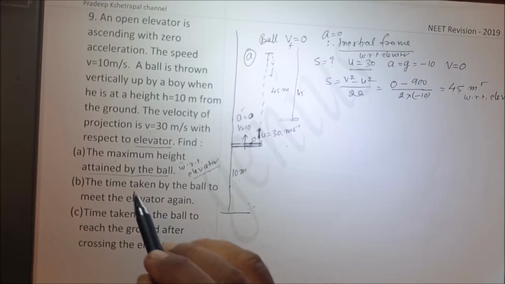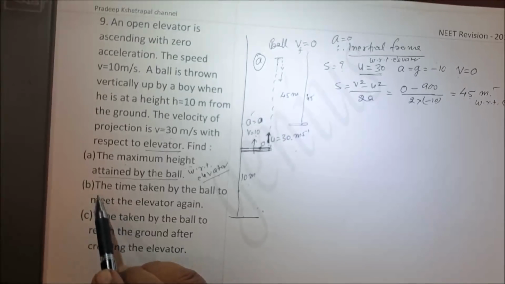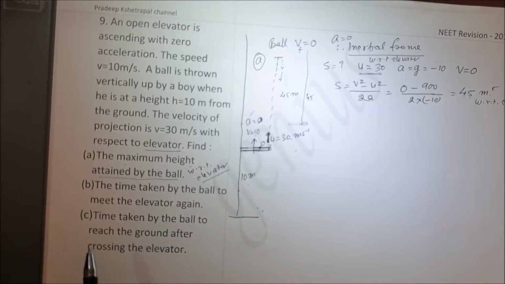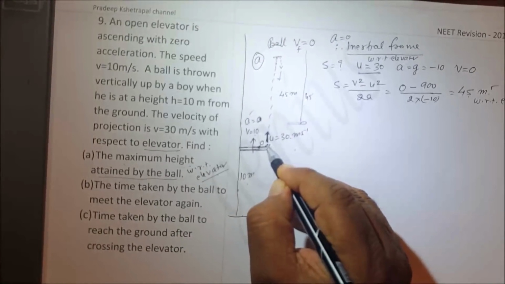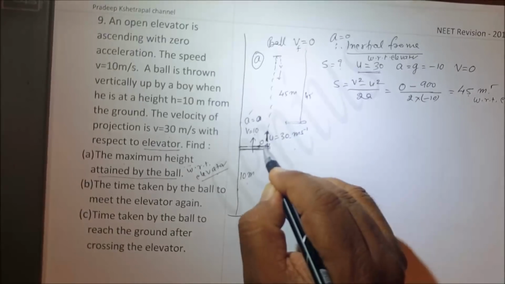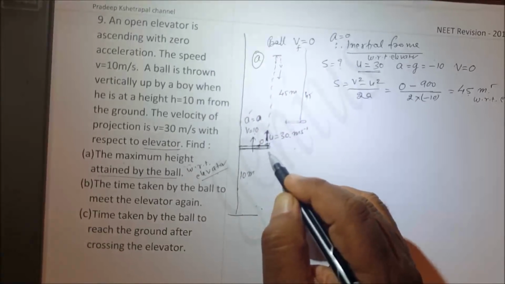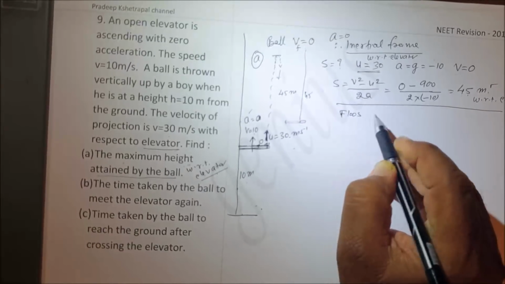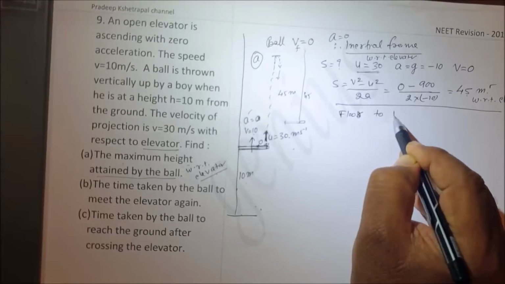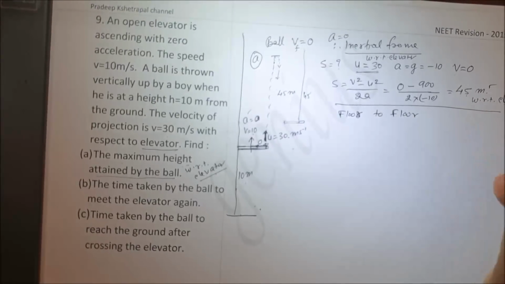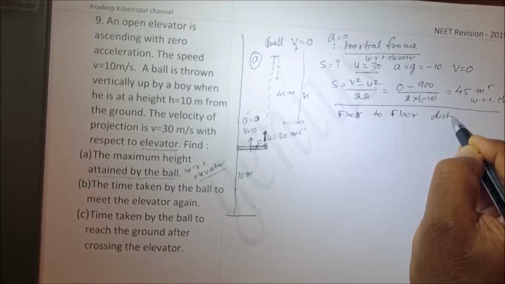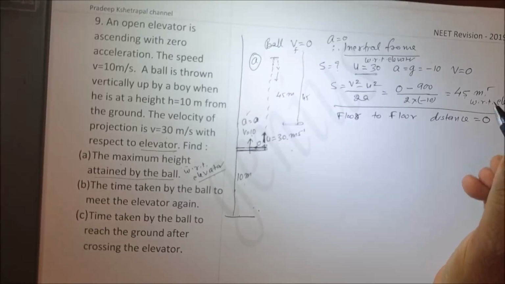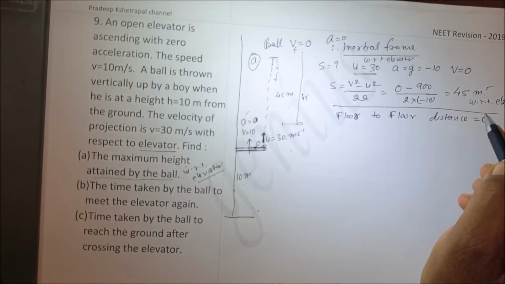Now we go to the second part, the time taken by the ball to meet the elevator again. From here it starts from the floor and it comes back to the floor. Floor to floor. Floor to floor distance is 0.